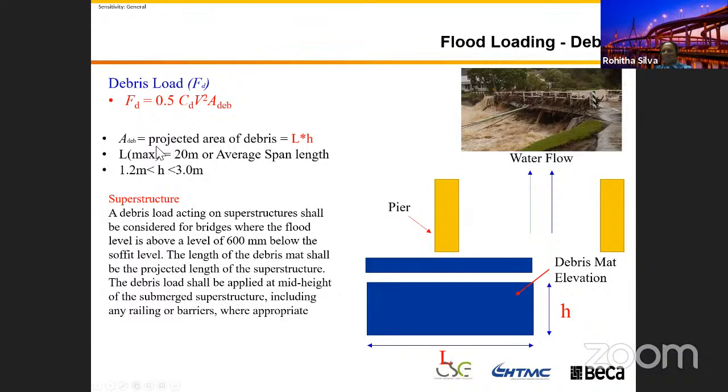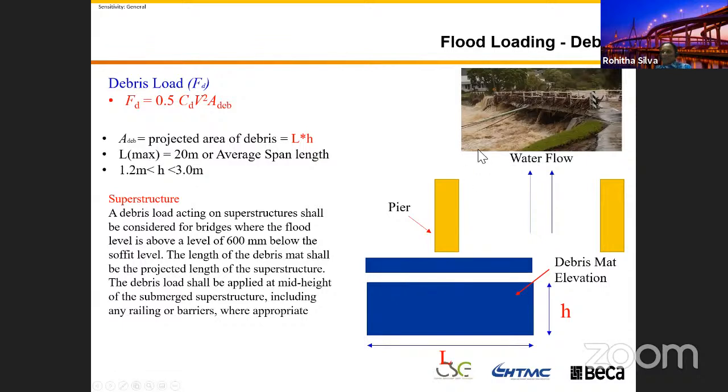The depth can vary from 1.2 to 3 meters, depending on your superstructure. If you have a shallow superstructure, you don't want to use 3 meters. But sometimes you can have a superstructure depth across the river, like the Penang Harbour Bridge, as deep as 12.5 meters. Then it's okay to assume this depth of debris is equivalent to 3 meter high water pressure.